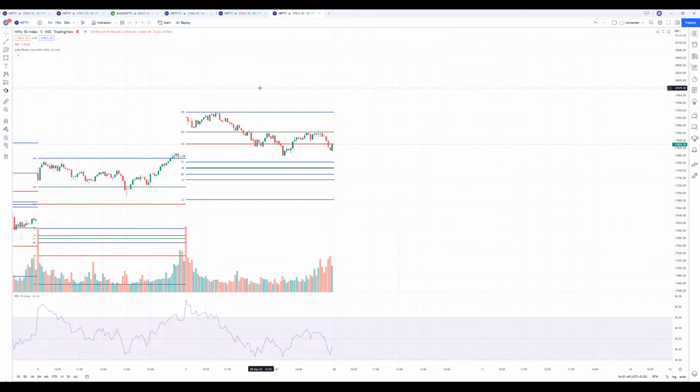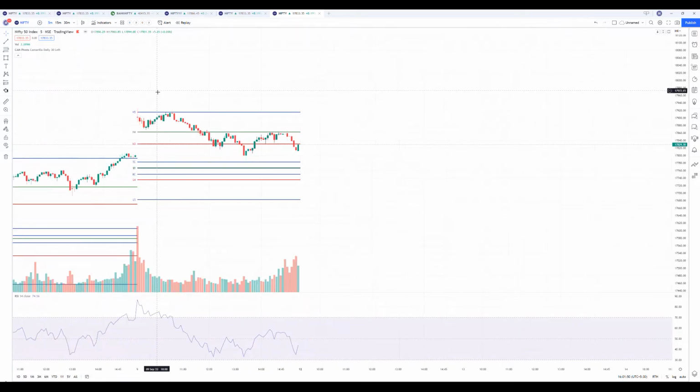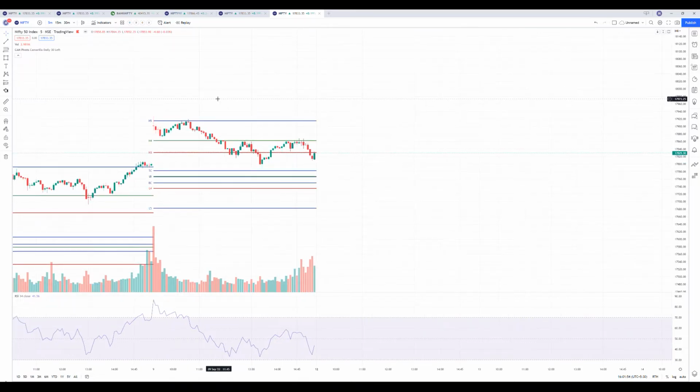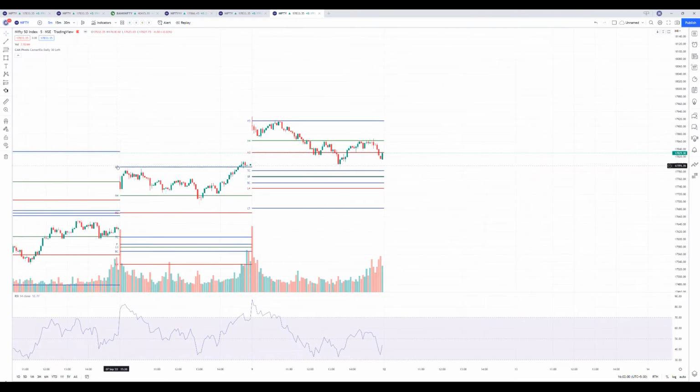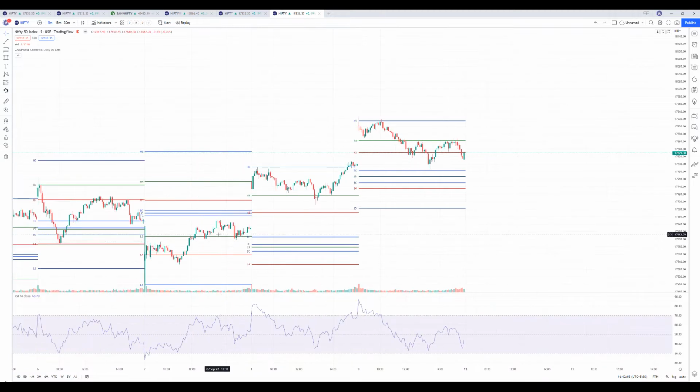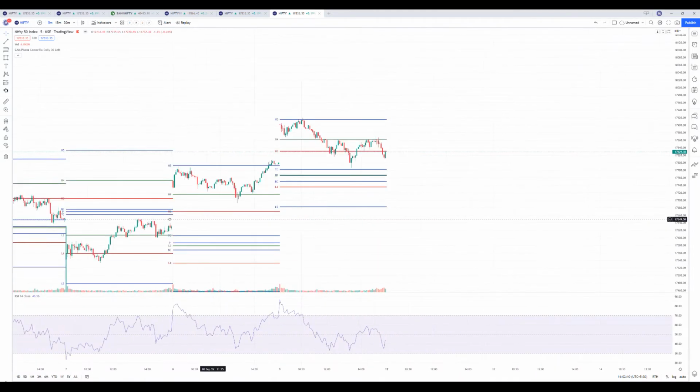daily intraday trading. So first, we have to understand that every day the market has certain criteria. Normal support and resistance we generally draw on the swing points. Like this is one swing point, right? And this one would be one swing point. But today I'm not talking about those swing points.